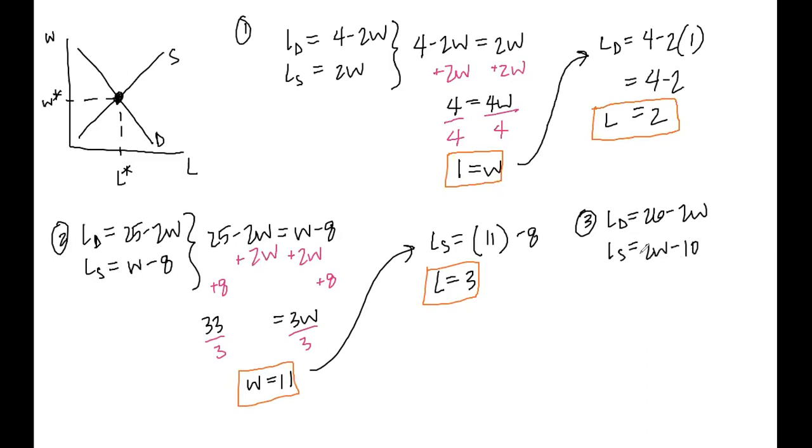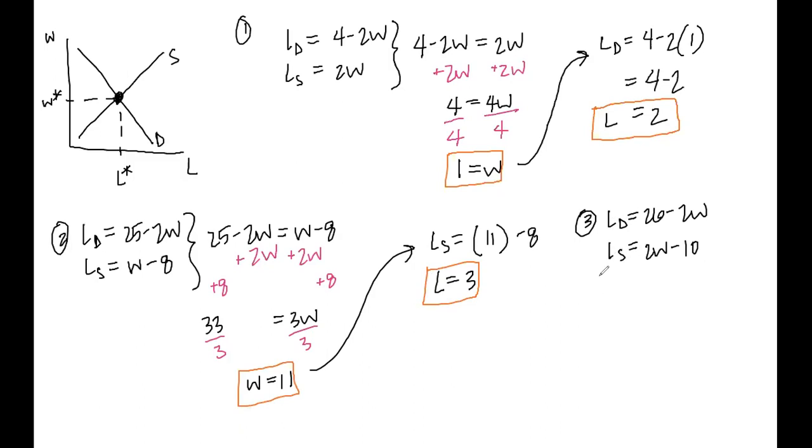Now, if for some reason you had to solve for W and rearrange this equation, so let's say they gave us labor demand with W isolated, and then they gave us labor supply with only L isolated, if they're isolated for different variables, you can't set each of those equal to each other. So you can't set something with L equal to something with W. That doesn't work. You have to make sure that both equations have the same variable isolated.